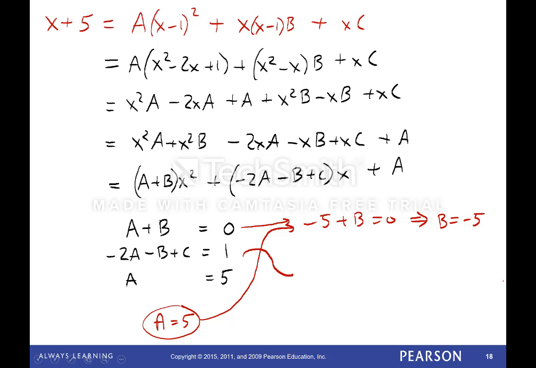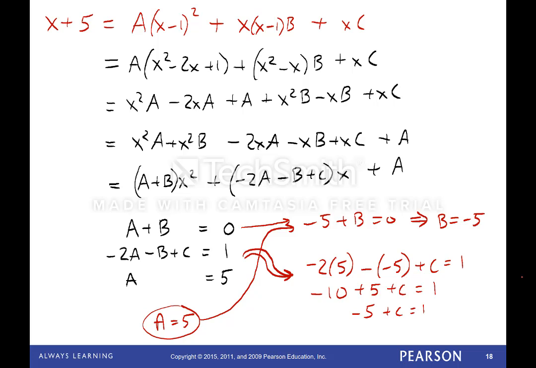And once I know that, I can use this middle equation, knowing what a is and also what b is. I can get the c value now. So that's negative 10, a 5 plus c equals 1. So that's going to be a negative 5 on the left. Moving it over to the other side, how about c equals 6? There it is. There are my 3 values already.